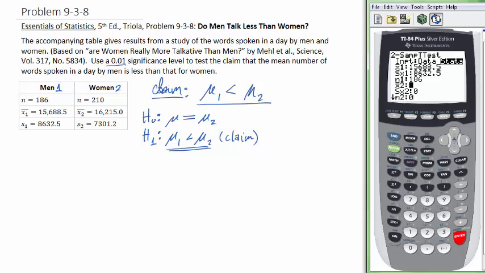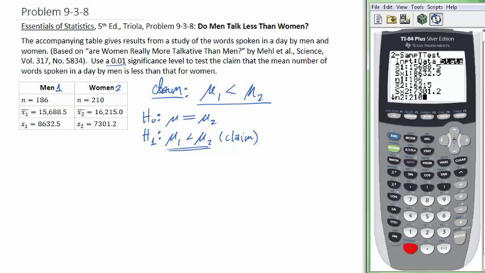Now for women, we have a mean of 16,215, and our standard deviation is 7,301.2, and then our total is 210.